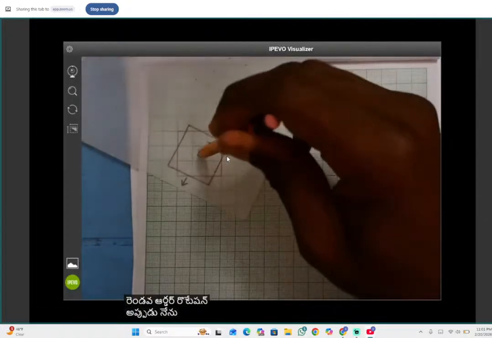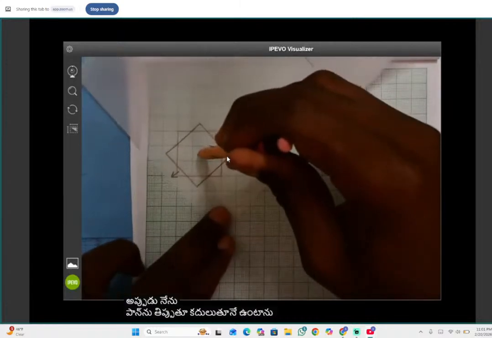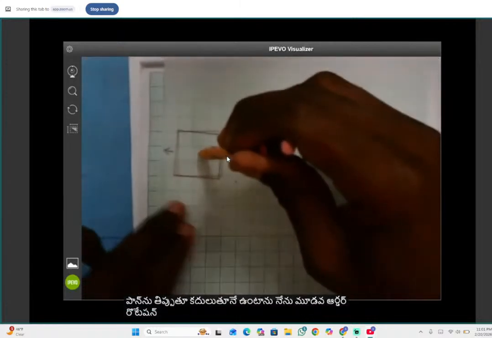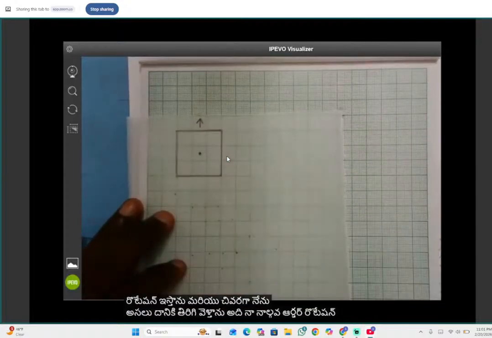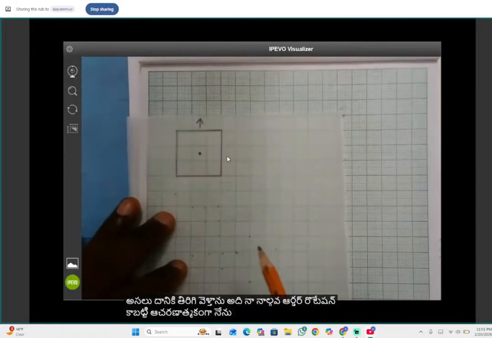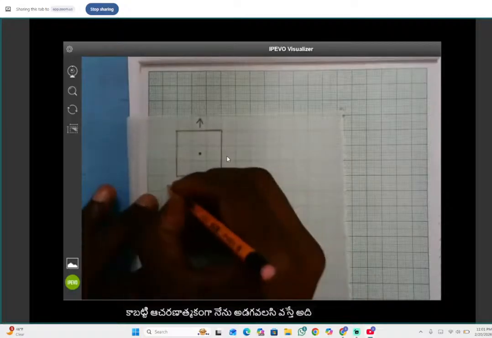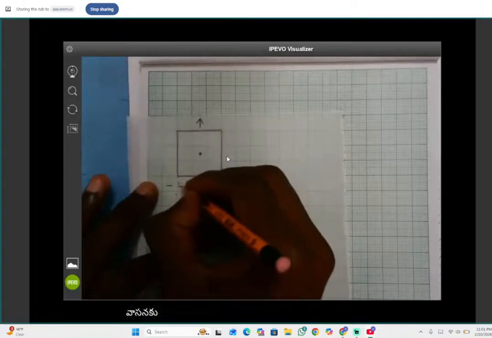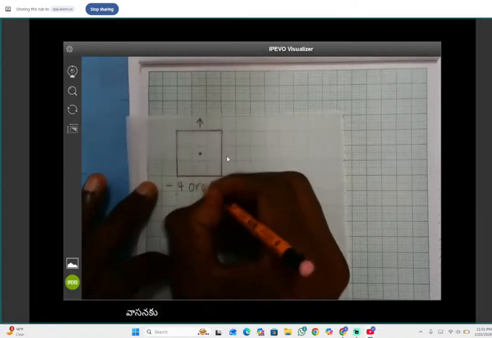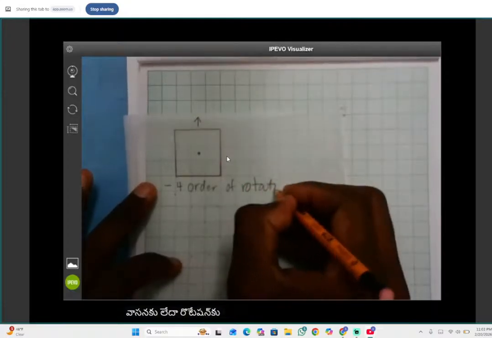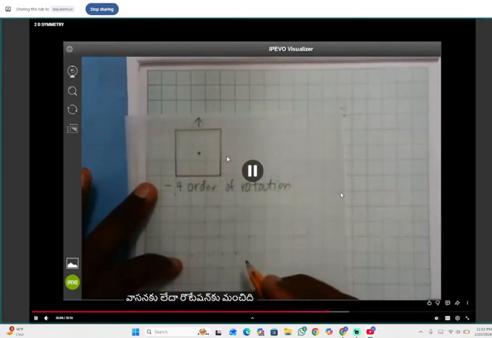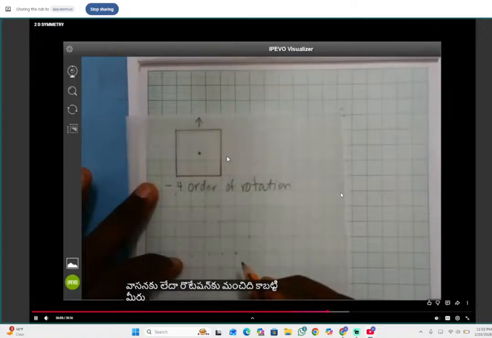Then I keep moving my tracing paper. I get the third order of rotation. And finally, I go back to the original. That's my fourth order of rotation. So practically, if I have a square, it has 4 orders of rotation.